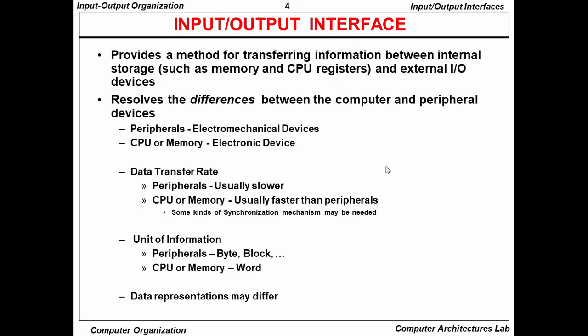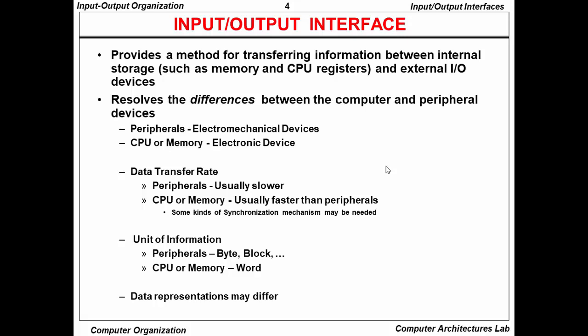We are going to understand what the interface is. We require some interface between the CPU and the devices. We have a basic idea that the access speed and the processing speed of the processor is much higher compared to other devices like memory and other peripheral devices.